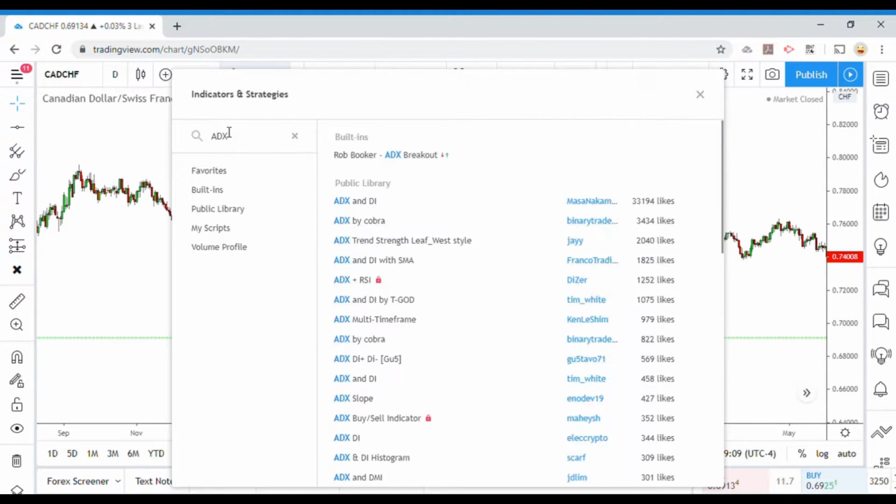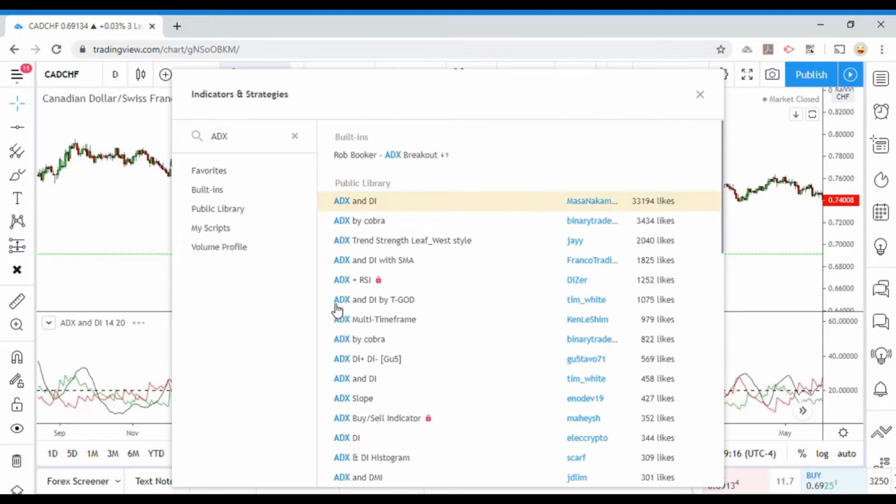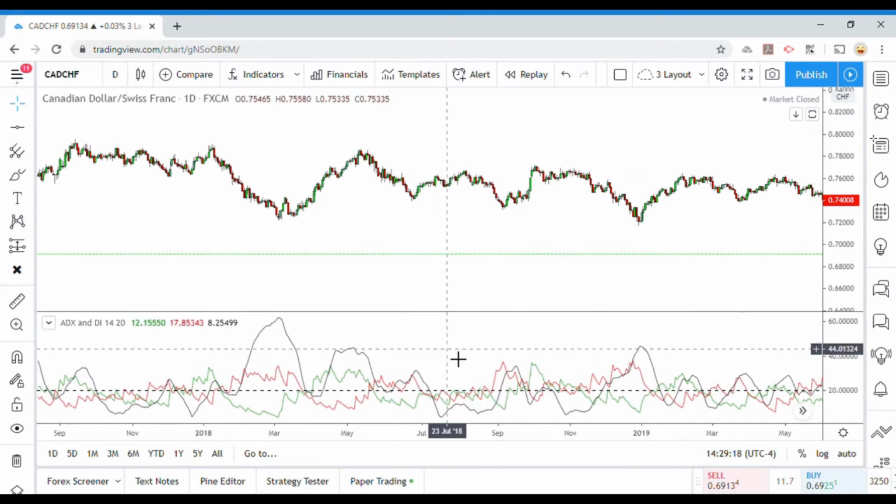So I'm actually not going to use that version. What I'm going to use is a version here that was actually created by a TradingView user.